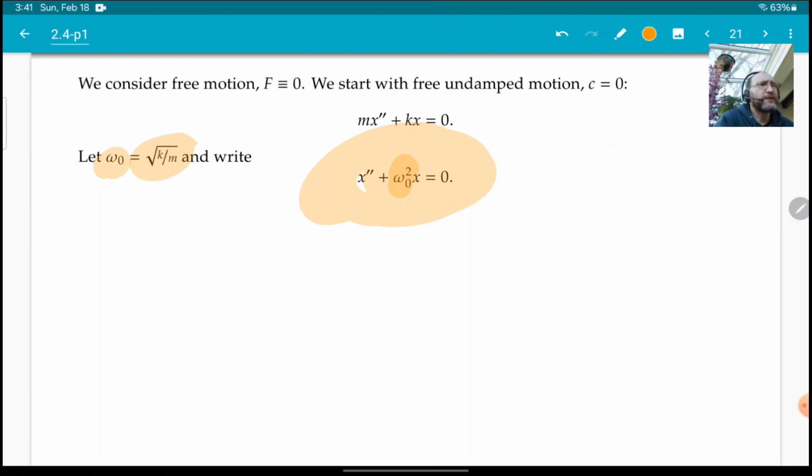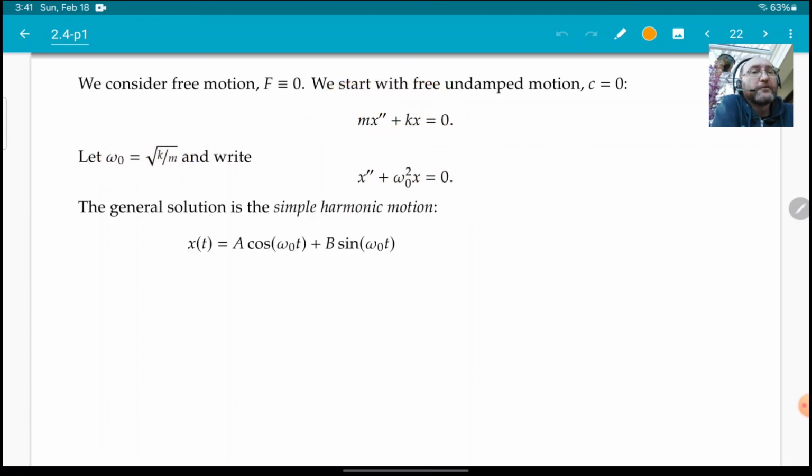By the way, we've looked at the other applications, but we're just going to write everything in terms of the original mass spring model. Whenever I say anything, it's going to be referring back to the mass spring model. All right, so we're going to write the equation like this.